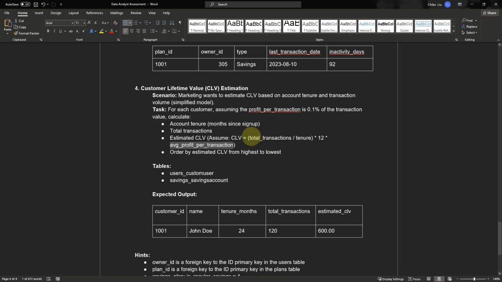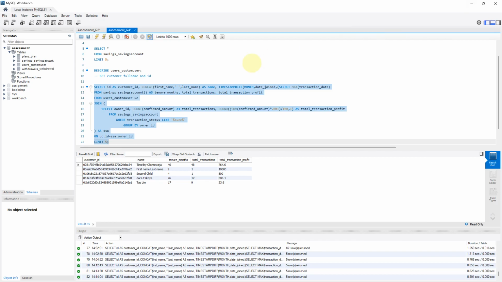So we then have total transaction divided by tenure multiplied by 12. So these are total transaction divided by this tenure. I'll just take this and copy.